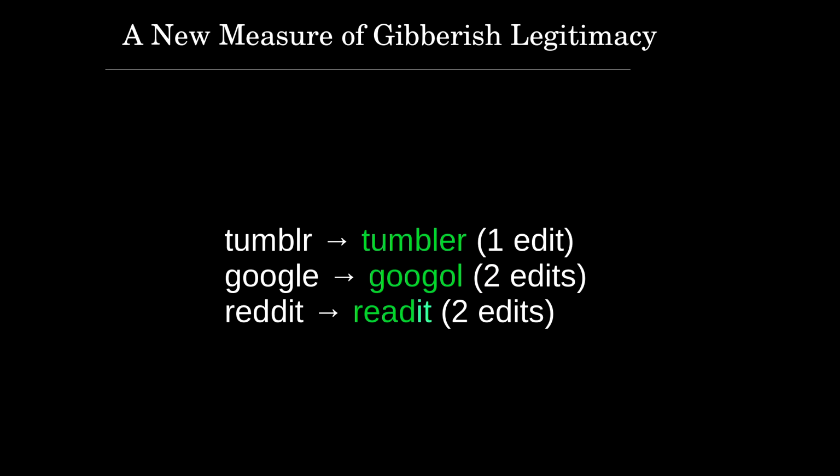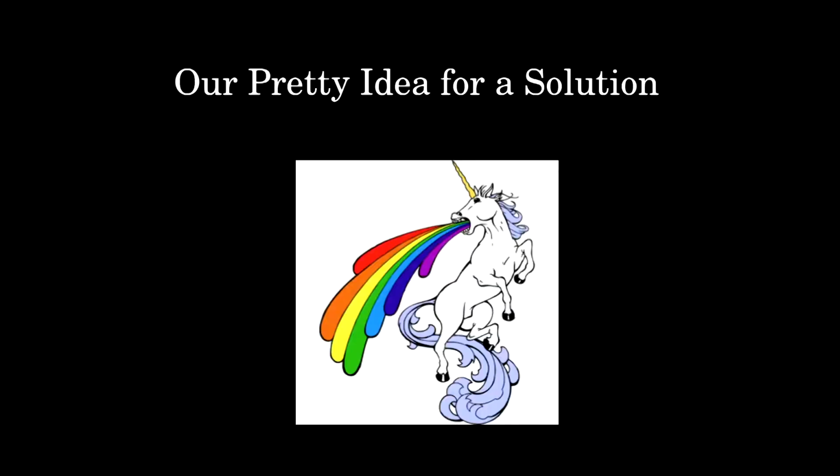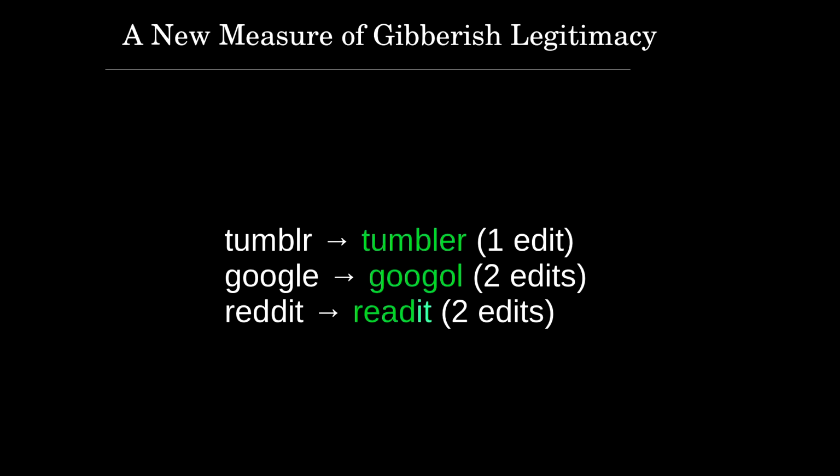We have a savior here, let's see. Does it work? Oh, excellent. So we inserted just one letter and you got Tumblr, which is a word. Google, 2 edits, and it becomes Google, a word from the dictionary, and that's not a coincidence. This is the word that inspired the company name. Reddit, with 2 edits, becomes Reddit, and now we can finally make sense of those domain names.